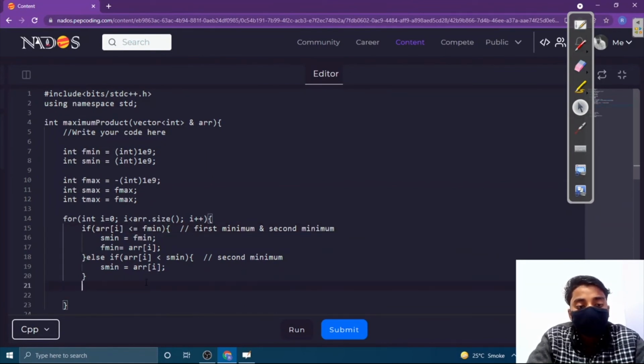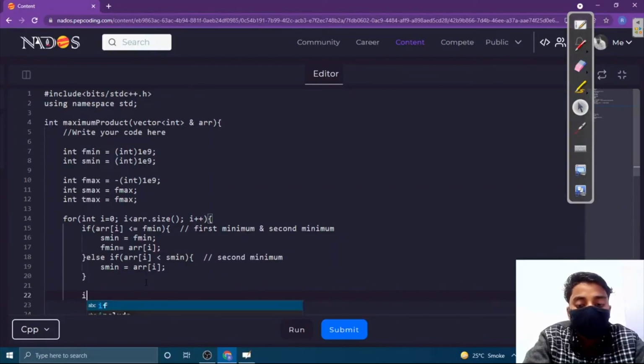Now we need to find the max. For the max, we need to check, is array at I greater than or equal to first max?